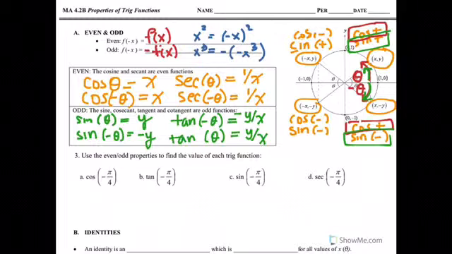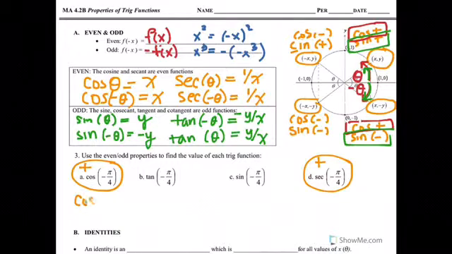So cosine is even, and this guy's even. What that means is that I can ignore the fact that there's a negative angle, because the cosine of negative pi over 4 should be the same as the cosine of positive pi over 4, which is 45 degrees, so I get 1 over root 2.